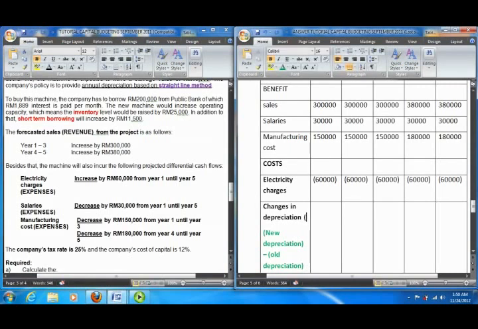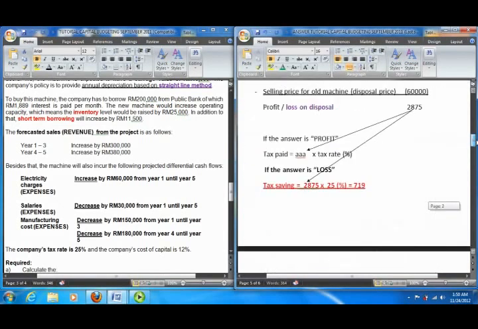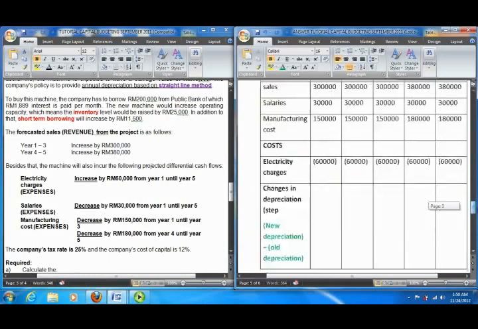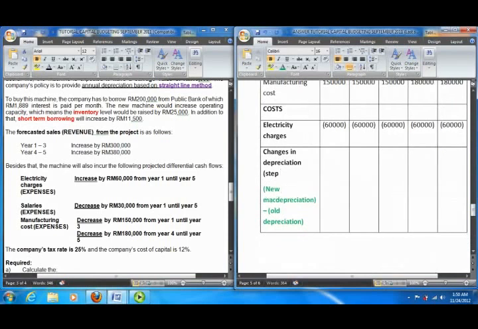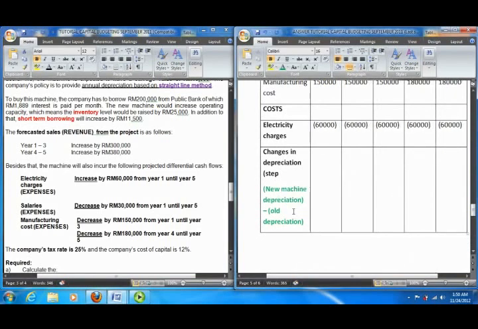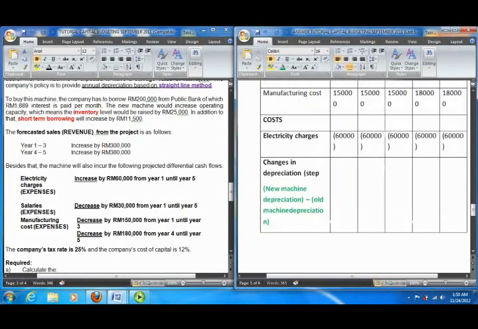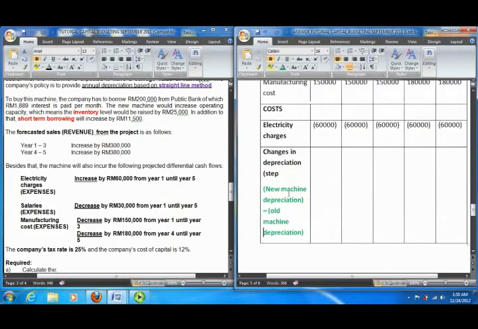From your step 2. As you can see in the calculation from step 2, you can know your depreciation for your new machine and for your old machine.